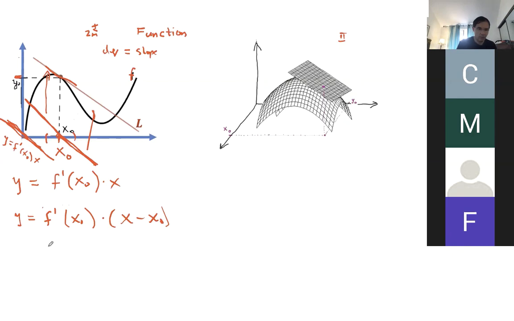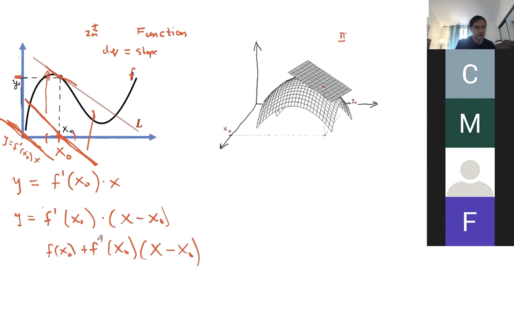So let me just rewrite the same thing. f of x0, and then plus this portion of the function: f prime of x0 times x minus x0. This is exactly the function that we want.